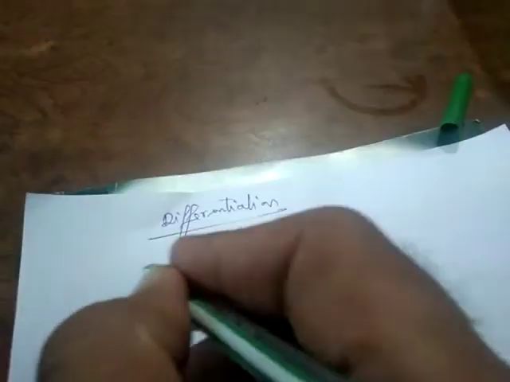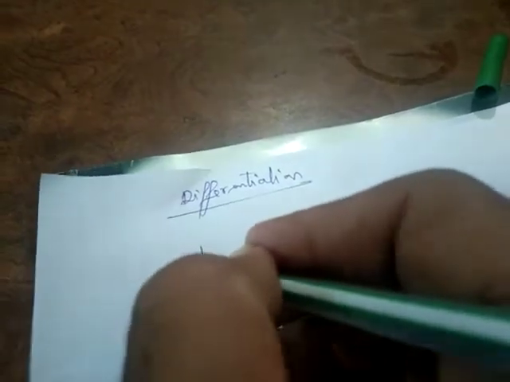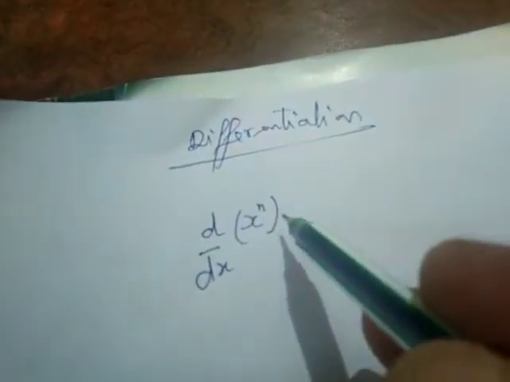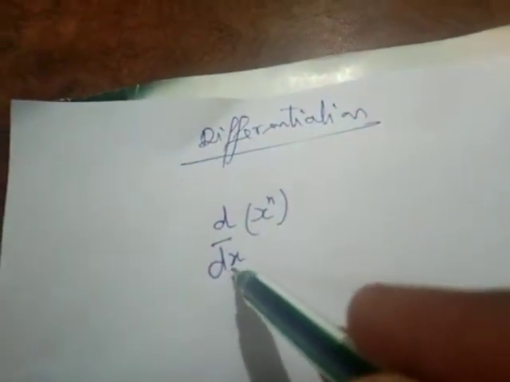So this was explaining the integration. Now on the same basis we will discuss differentiation. The differentiation formula is d over dx of x to power n. Here we have to differentiate x to power n with respect to x.